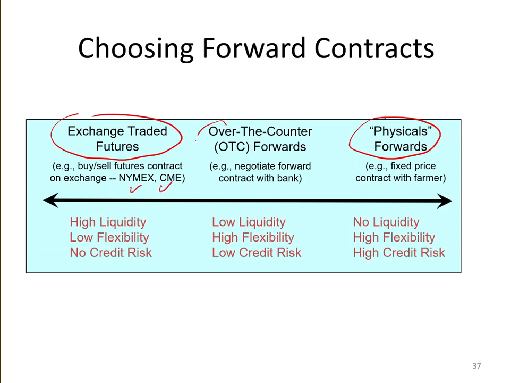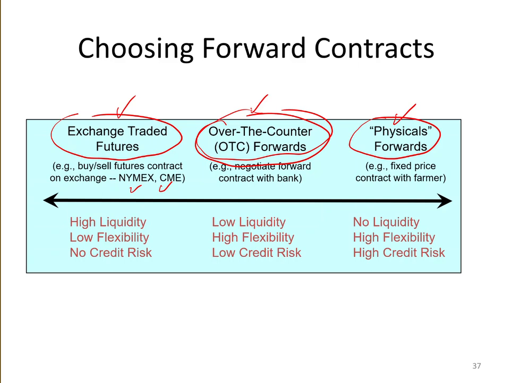But there's something in the middle called over-the-counter forwards. That's a case where, say, a financial institution, a Wall Street firm, would create the forward contract, and that becomes the counterparty. So you have physical forwards, where you go directly to the farmer in this case. You have exchange traded, and you have something in the middle where a bank negotiates the terms or brings the parties together.